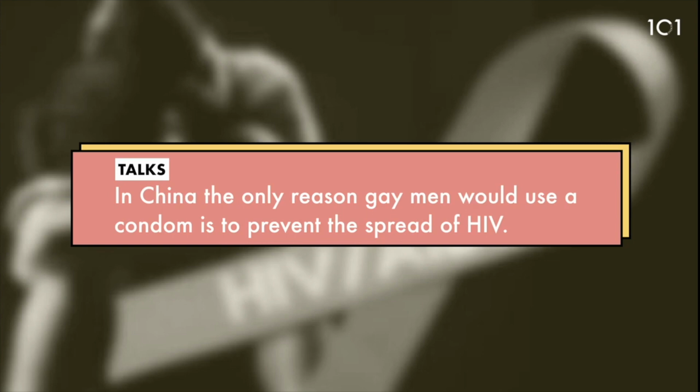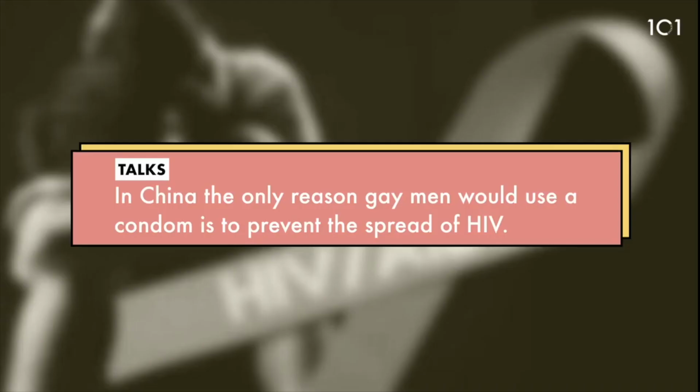We learned from NGOs that the biggest contributor to the stigma around condom use is that it is understood that the only reason gay men would request to use a condom is to prevent the risk of HIV. In contrast to heterosexual relationships, where there may be a desire to prevent the spread of STDs, but the method is birth control.